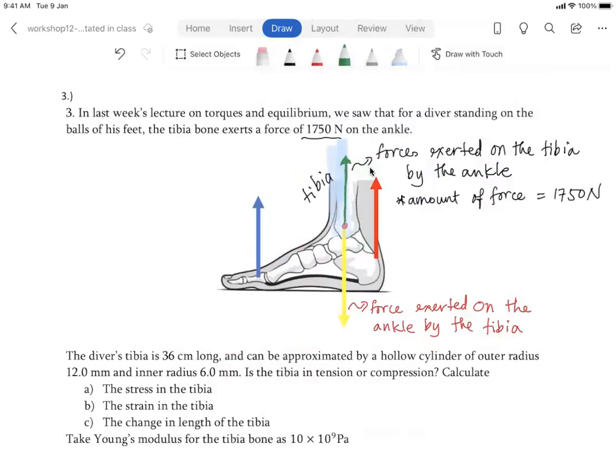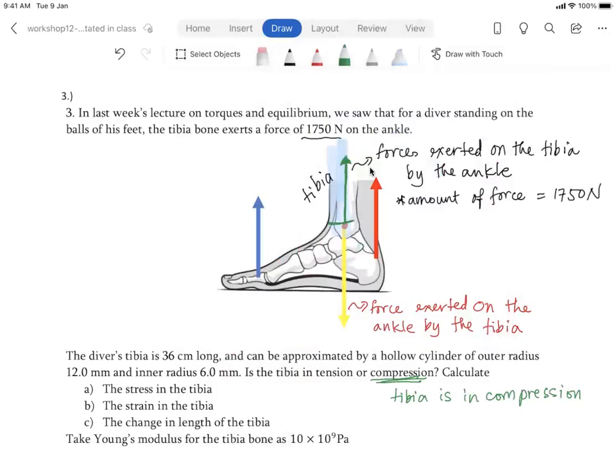So you can see here that it's a compressive force. It's perpendicular to the cross-sectional area of the tibia, and it's pointing inwards towards the tibia. Therefore, the tibia is in compression.